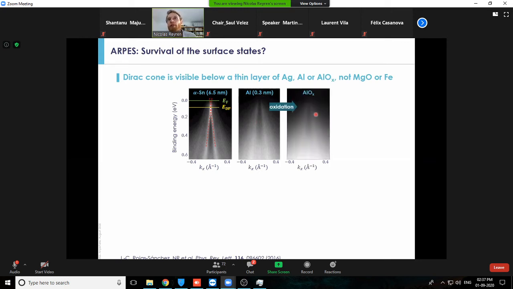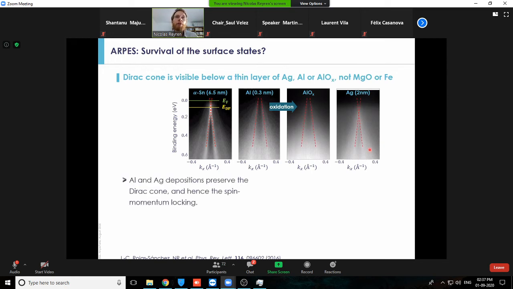If you oxidize your aluminum, you still see the Dirac cone behind this layer. And if you deposit silver, even though the layer is quite thick, you can still see the Dirac cone. So in all these cases, it seems that we can preserve the Dirac cone and hence probably the spin-momentum locking. That means that the alpha tin is still useful for spintronics.